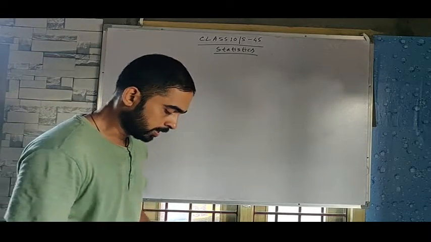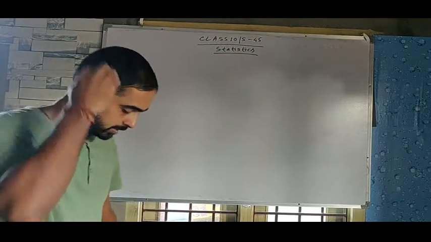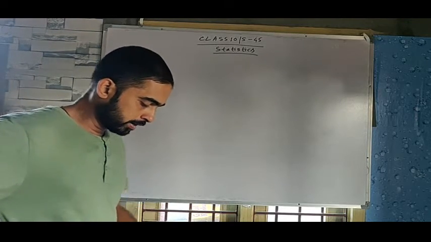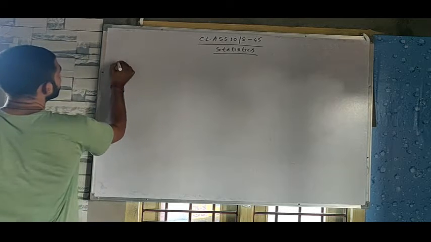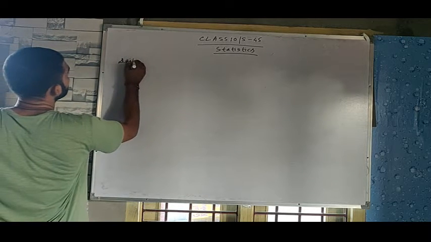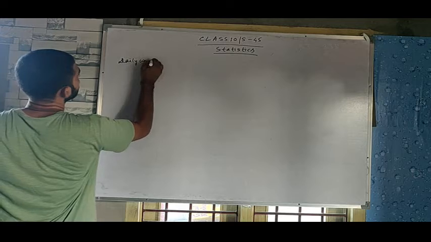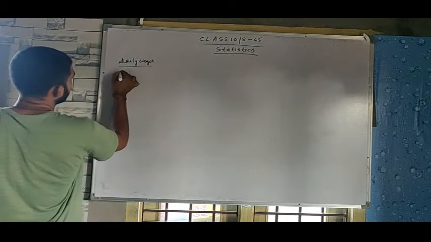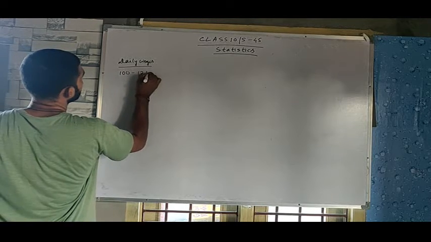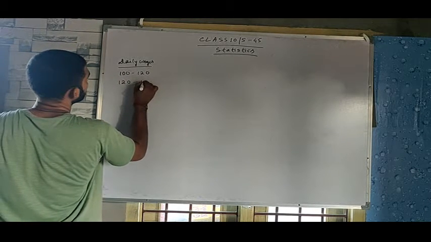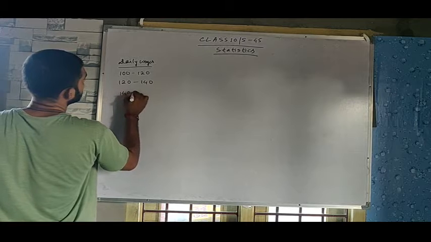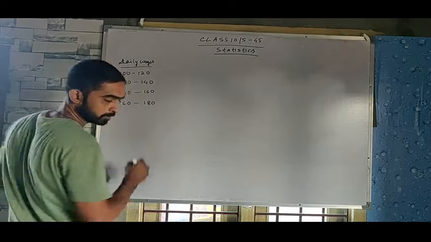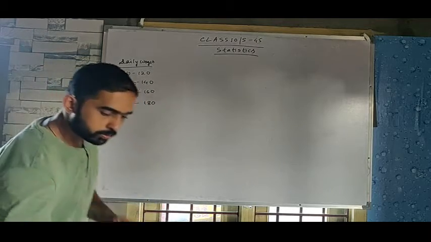The table will be given. Consider the following distribution of daily wages of 50 workers of a factory. Daily wages: 100 to 120, 120 to 140, 140 to 160, 160 to 180, then 180 to 200.